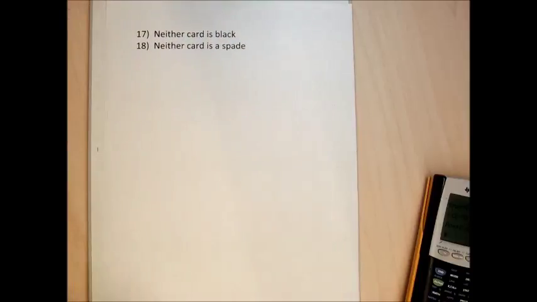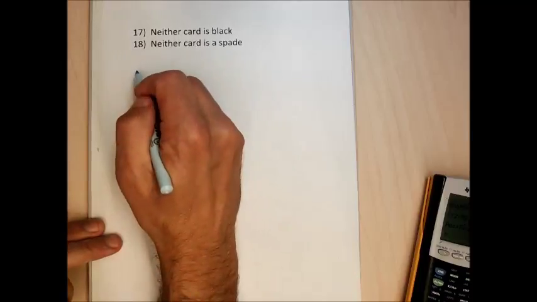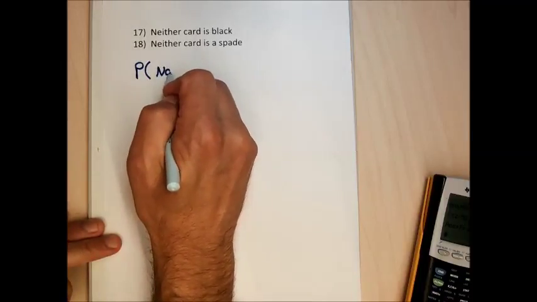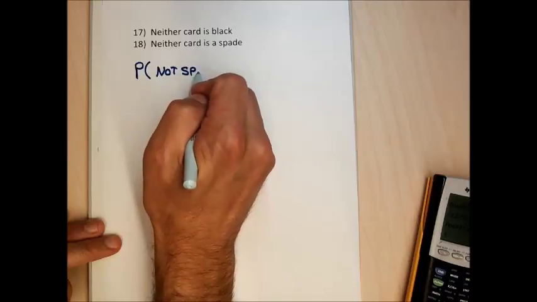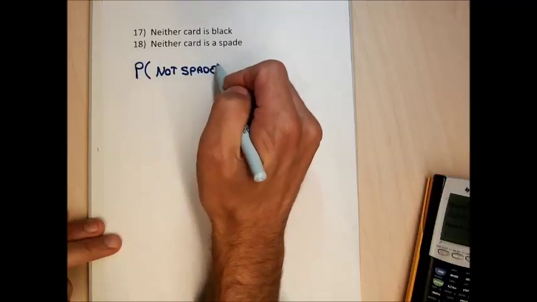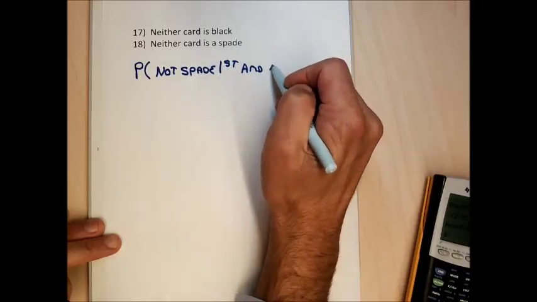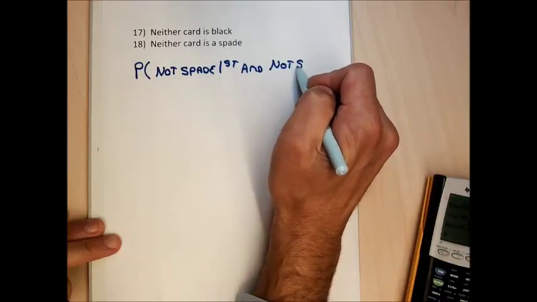For 17 and 18, I'll do 18 here. For 18, I want the probability that the first card is not a spade, and the second card is not a spade.